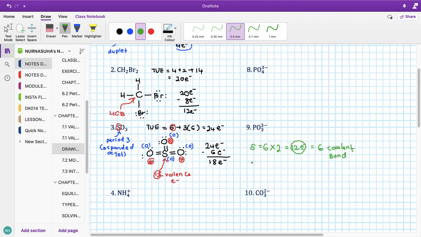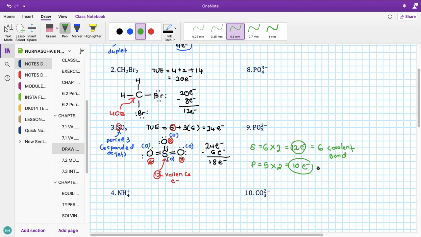Okay, so untuk phosphorus also one of the atom yang akan menunjukkan expanded octet. So phosphorus basically have 5 valence electron. So formulanya adalah you darab dengan 2. So total maximum electron for phosphorus is 10 electron.